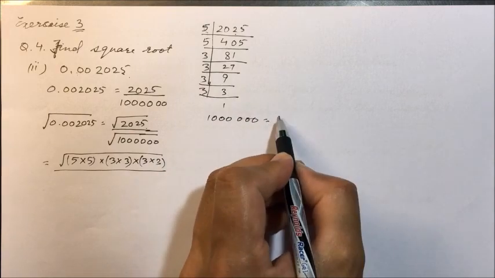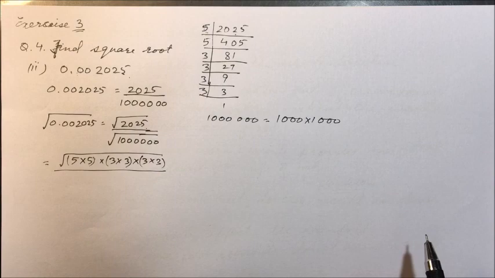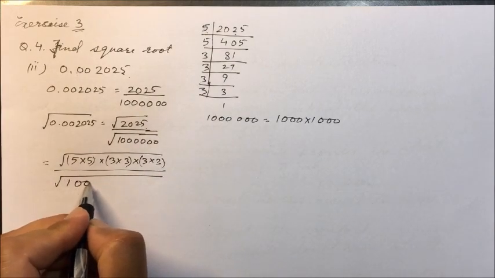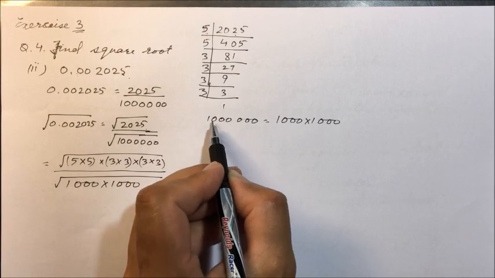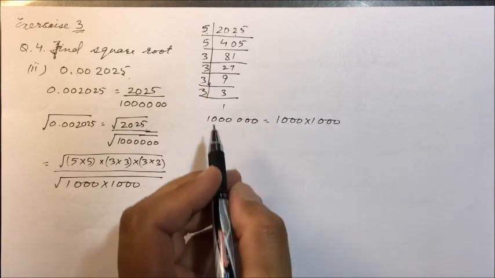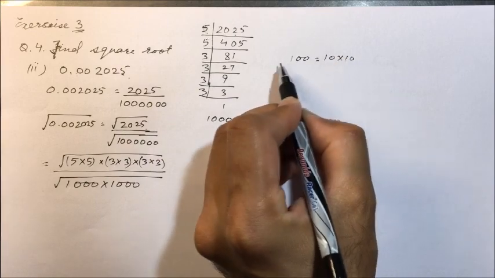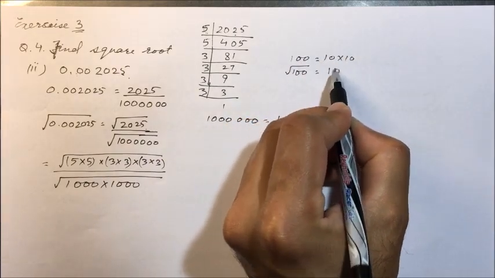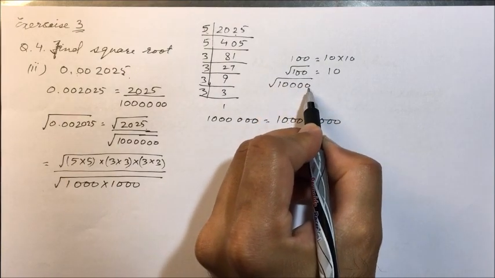If a number is given where an even number of zeros are there, we can simply take the square root. For example, 100 can be written as 10 into 10, so the square root of 100 is 10. For 10,000, how many zeros are there? 4.